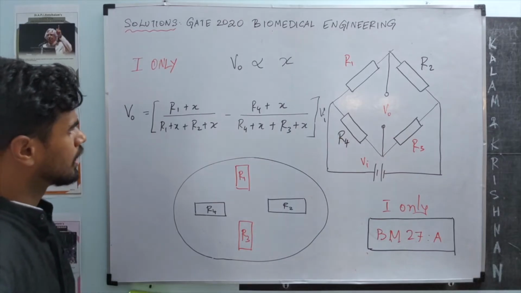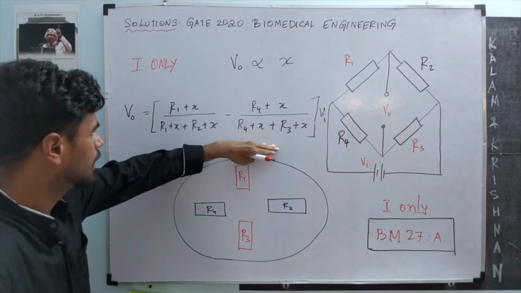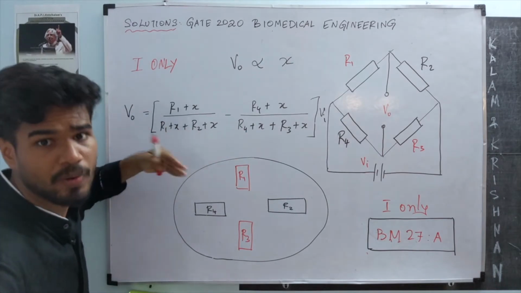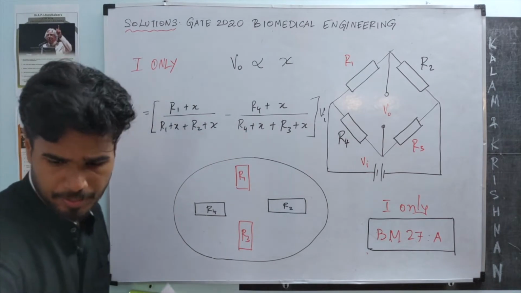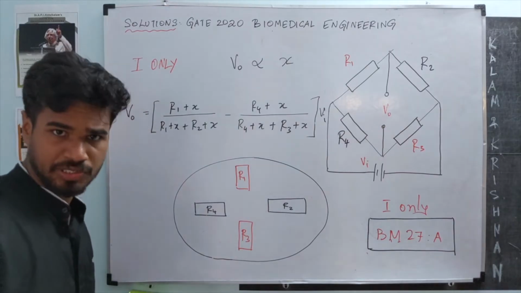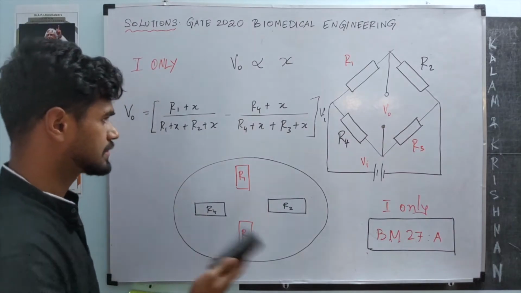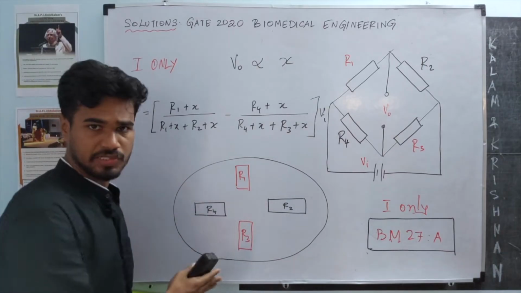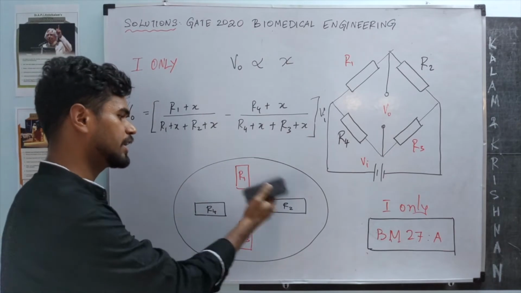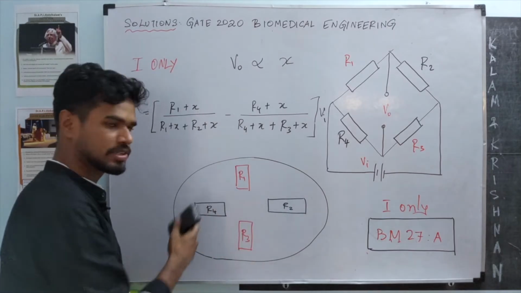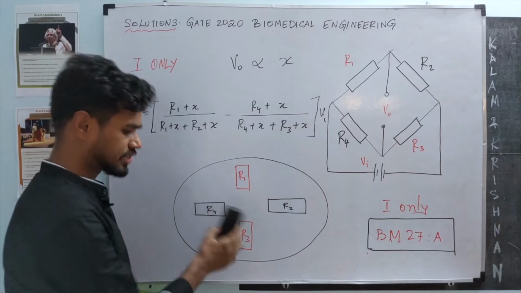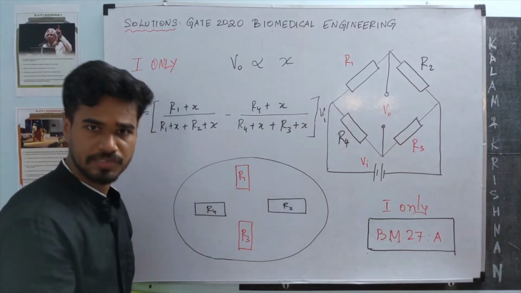Okay, at this stage, this expression looks slightly nasty. It's not going to lead you anywhere. Let's introduce some assumptions. Let's say the base values of all 4 resistances are the same. That's R1 equals R2 equals R3 equals R4. This is a very good assumption because that's how, in fact, strain gauge based Wheatstone bridges are designed.